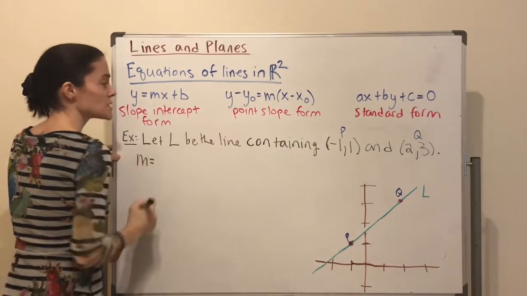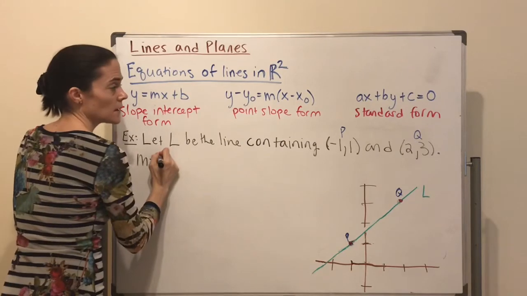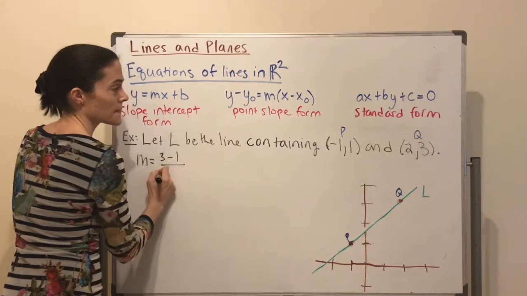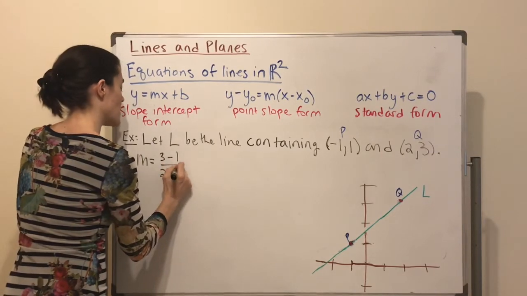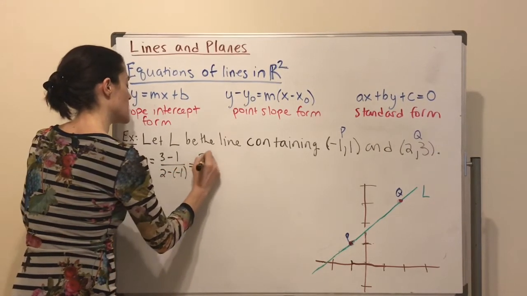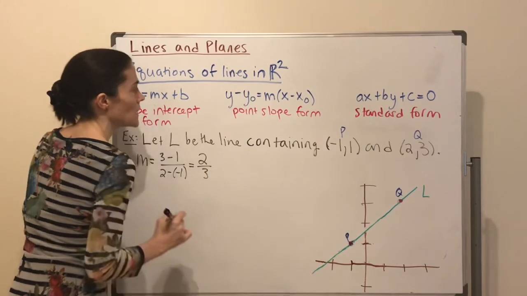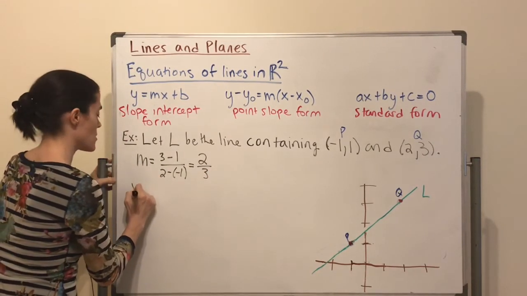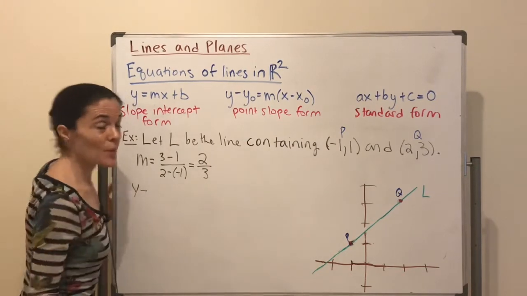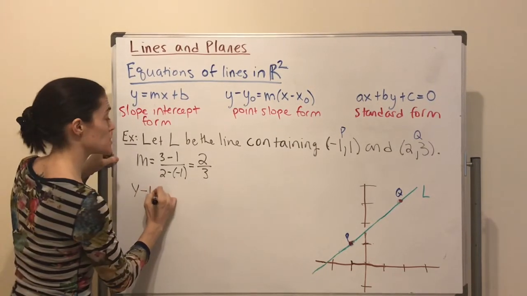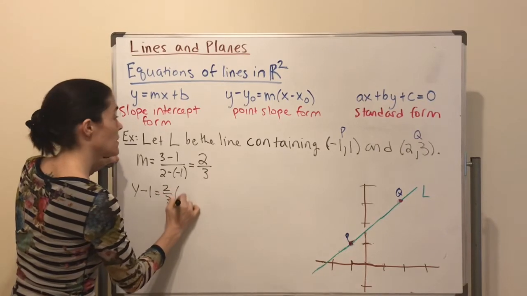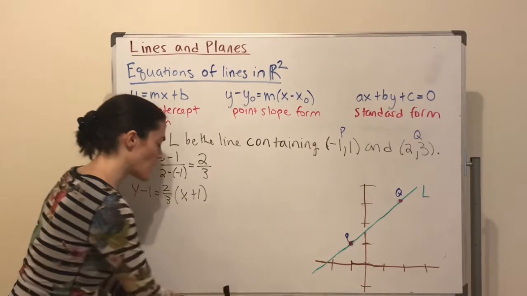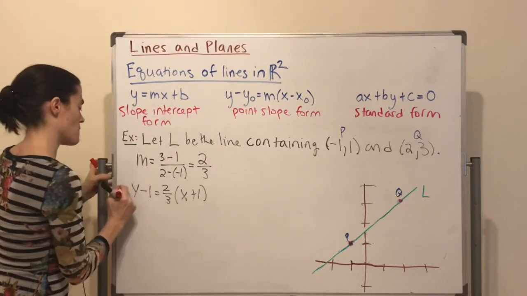So the slope of this line, we take y2 minus y1 over x2 minus x1, like this. We get 2 over 3. And then, for instance, if we want the point slope form, we can really use either point. I'm going to use y minus 1 is m times x plus 1. So here is one form of the line.